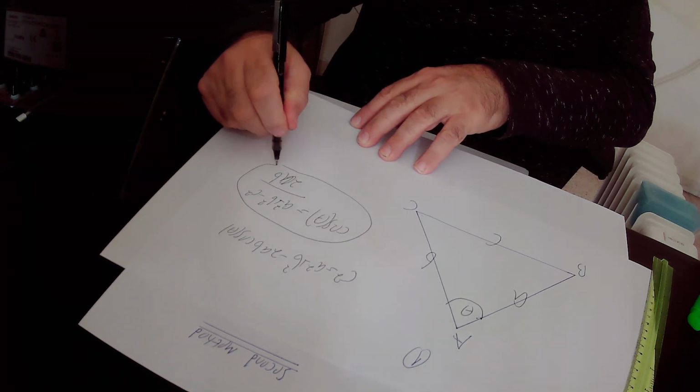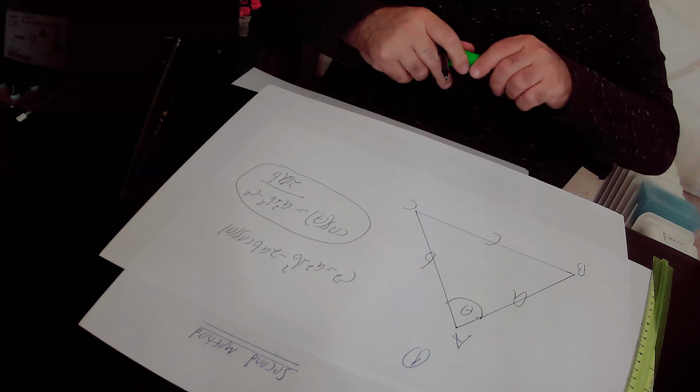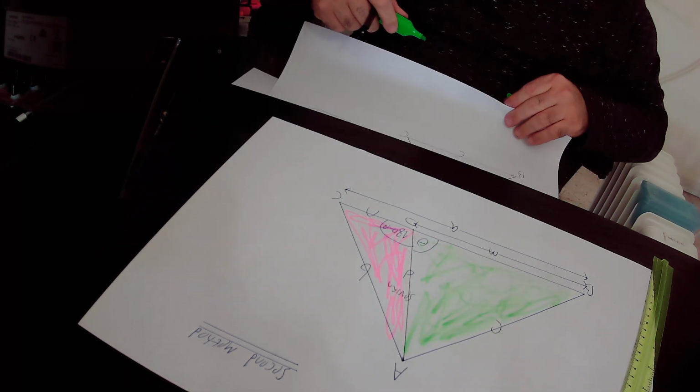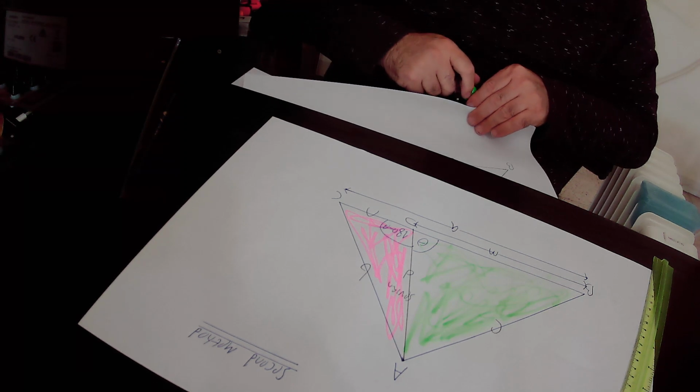Therefore, we will implement the law of cosines in the green triangle, triangle ABD.